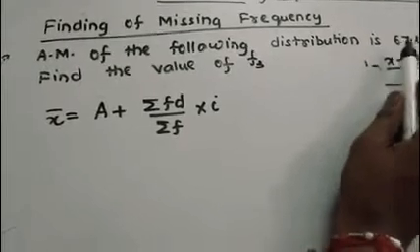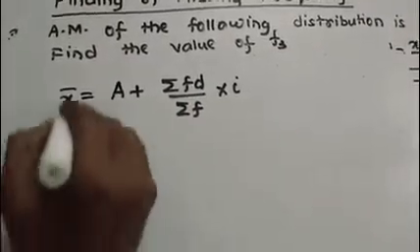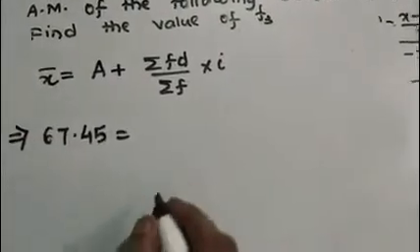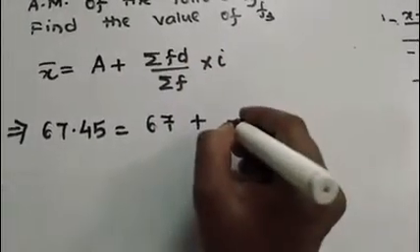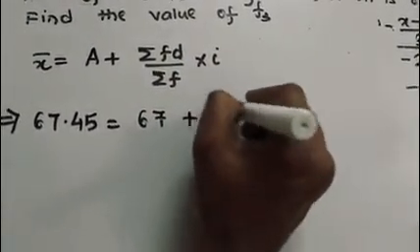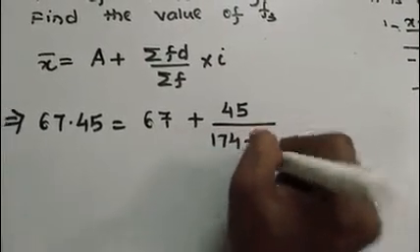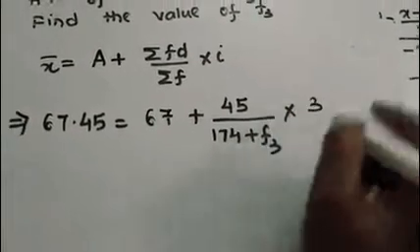That means x bar is given to you. Let us put it here, 67.45. A, the assumed mean, was 67. Summation over fd we got 45. Summation over f we got 174 plus f3, into I, which is 3.